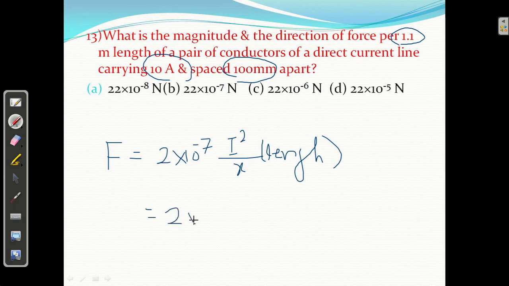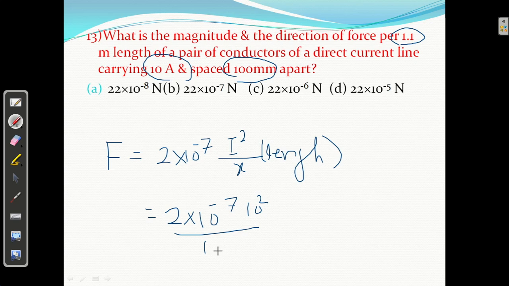So it is 2 into 10 raised to power minus 7 into what? Current is how much? 10 ampere, so square of that current, upon x. X is what? 100 mm apart. 100 mm means 1 meter.